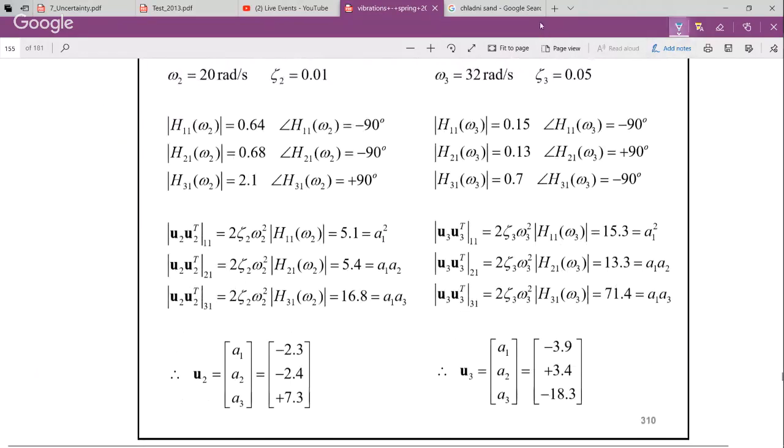Here it is: all the information for the second mode, the information for the third mode, following the same equation with a different subscript. The second mode, we're going to say second mode. The third mode, we're going to say third mode.